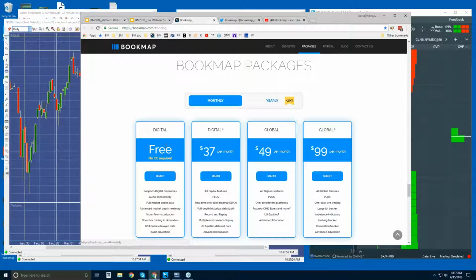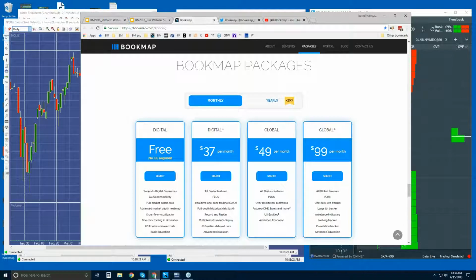It connects to the GDAX exchange, and you get access to one digital currency. The data is free, and this market is open 24 hours a day, 7 days a week. The whole concept of this free version is so you understand what Bookmap looks like in the live market. It also connects to delayed data for US equities, so you get that as well.